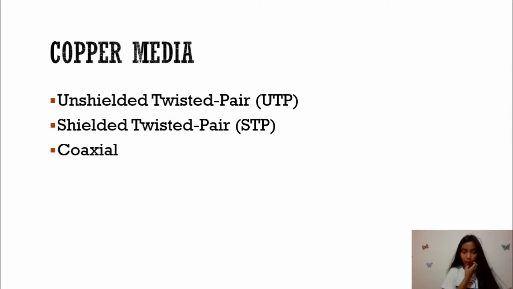For the coaxial cable, we have the outer jacket, the braided copper shielding, the plastic insulator, and the copper conductor. There are different types of coaxial connectors. We have the BNC, the N-type, and the F-type.